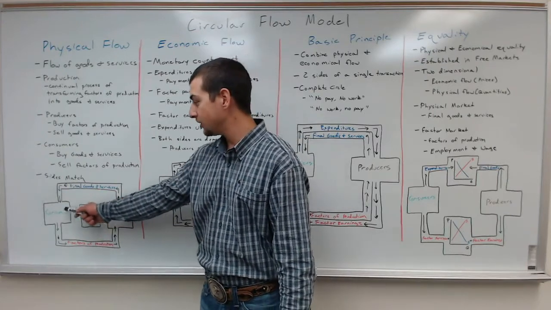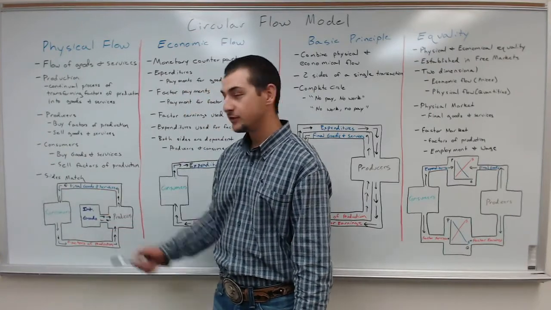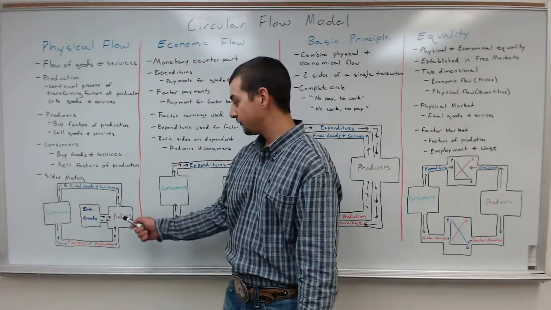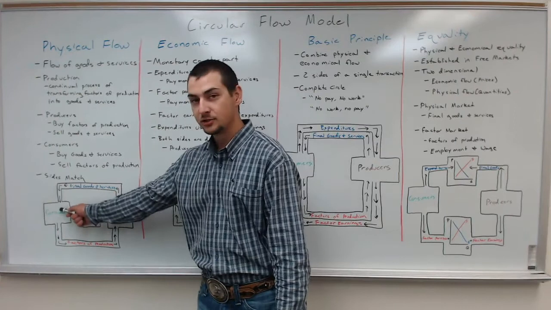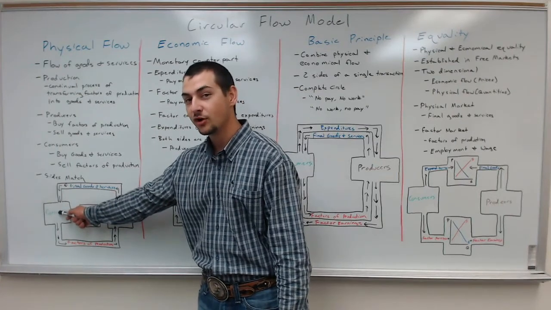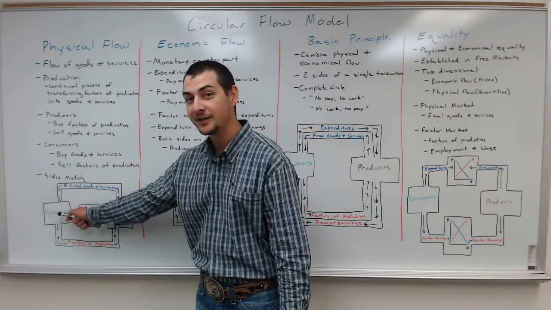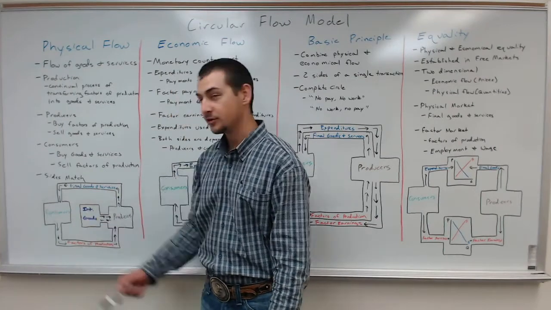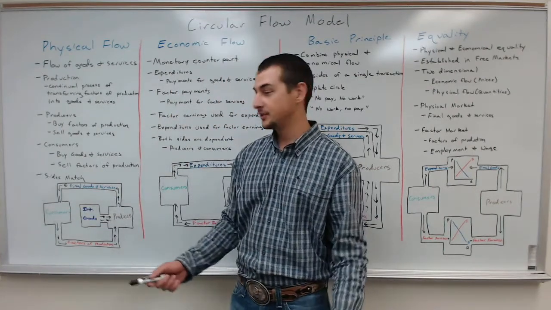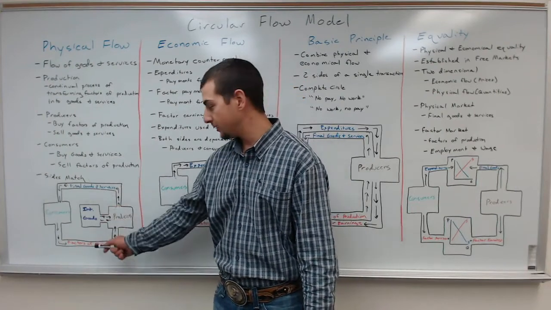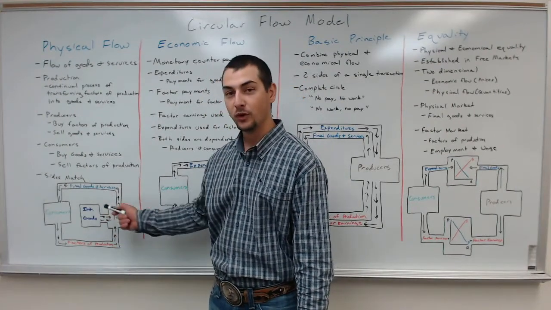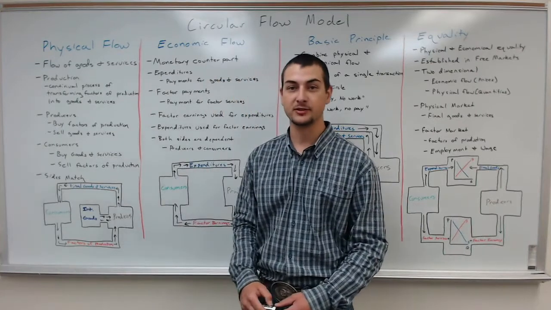But at the same token, the consumers want these final goods and services. And the producers really can't produce final goods and services unless the consumers are willing to buy them, and the consumers aren't willing or really can't buy unless they sell their factors of production. So what's interesting to see is that these sides match, and if one side is prospering, the other side is prospering. If one side is failing, the other side is failing as well.